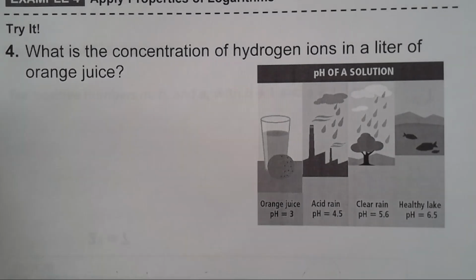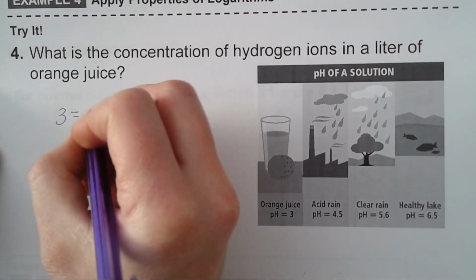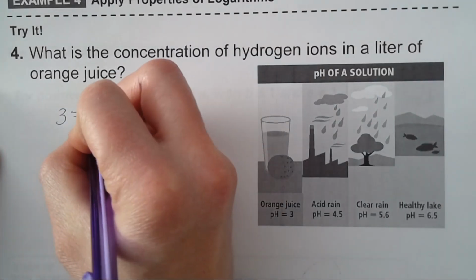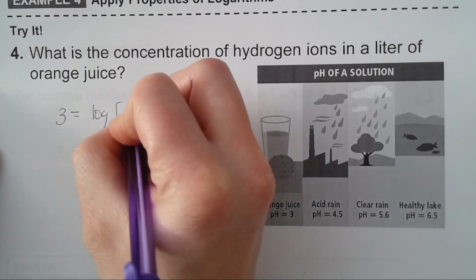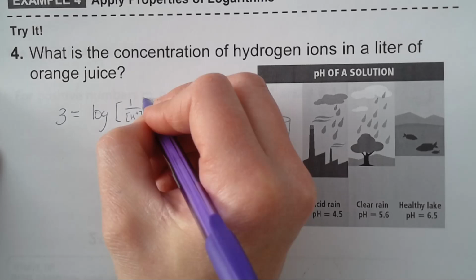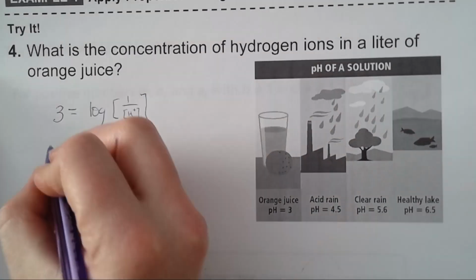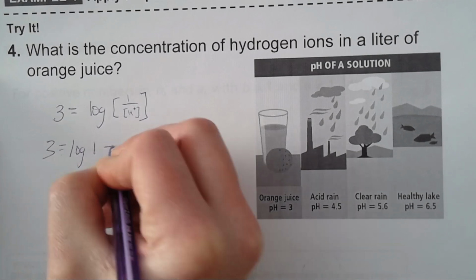Okay, welcome back. You should have instead used 3, knowing that we have then the log of 1 over our hydrogen ions. Okay, I still want to see the work, even though we just did something very similar.